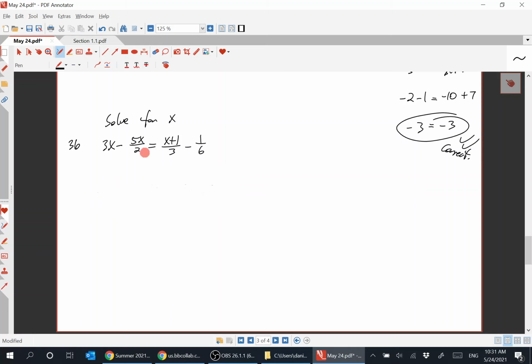A common denominator for all these fractions shown here would be 6, a lowest common denominator. So what I'm going to do is take both sides of this equation and multiply by 6.